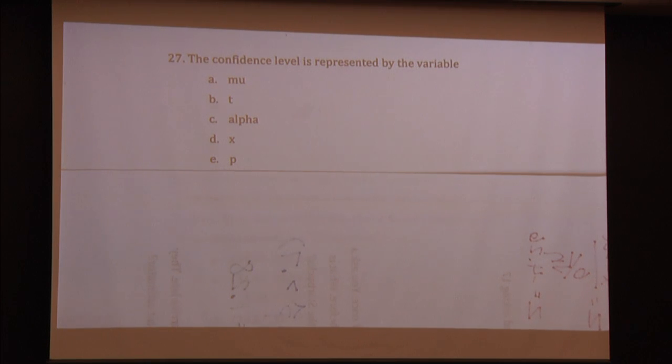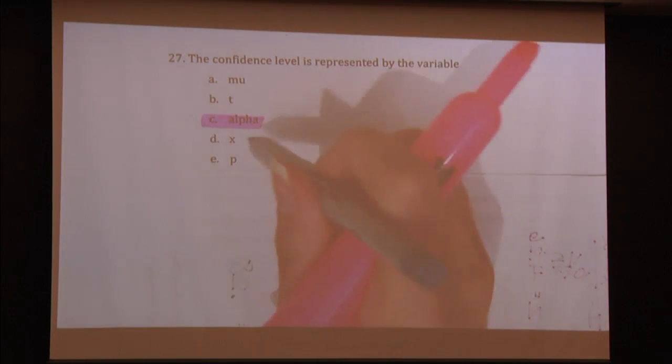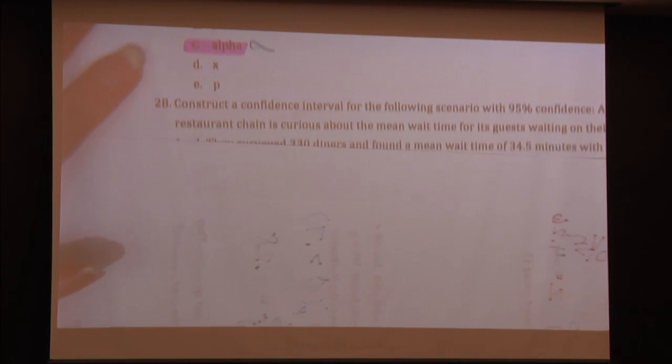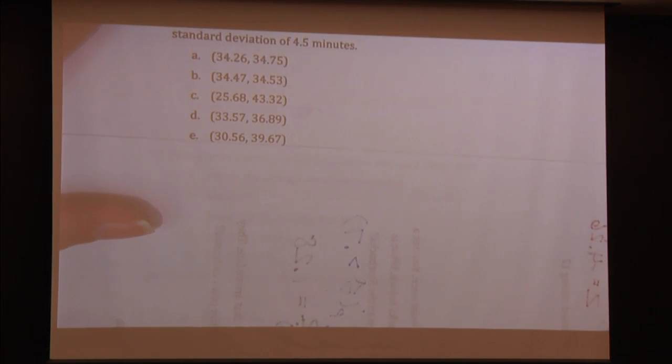What variable represents it? So now we're going to start moving to hypothesis testing. So alpha, better recognized as the swimming fish, sideways Greek egg. Again, knowing what your variables mean so the formulas make sense.